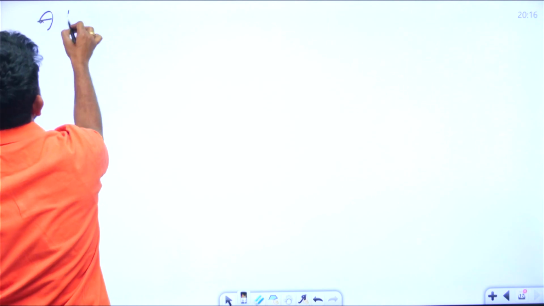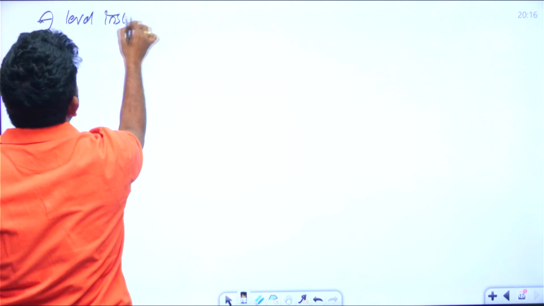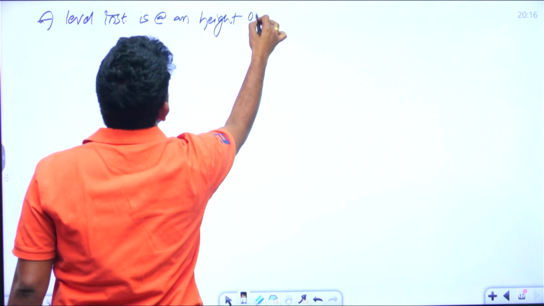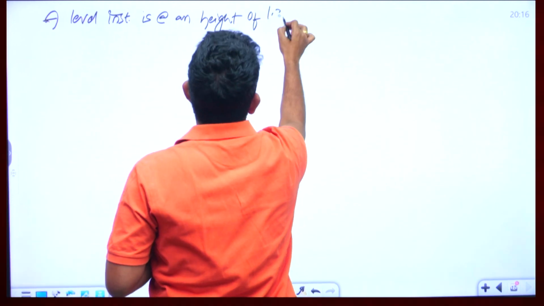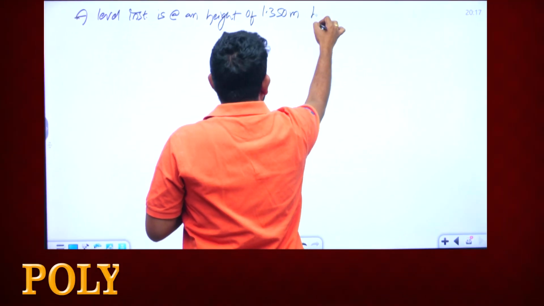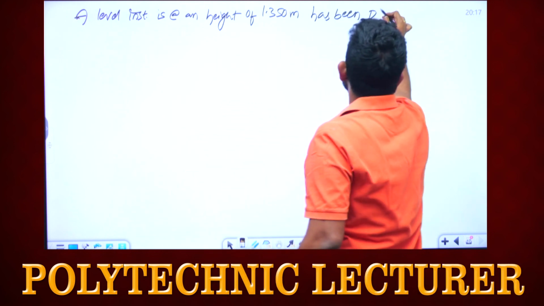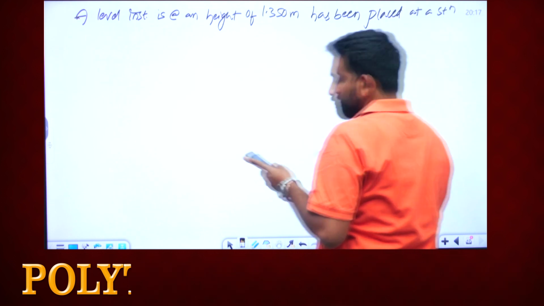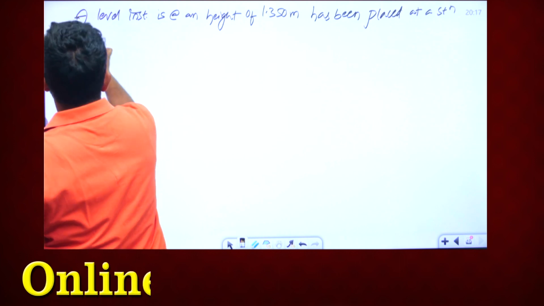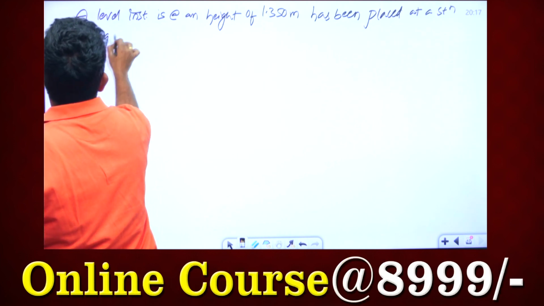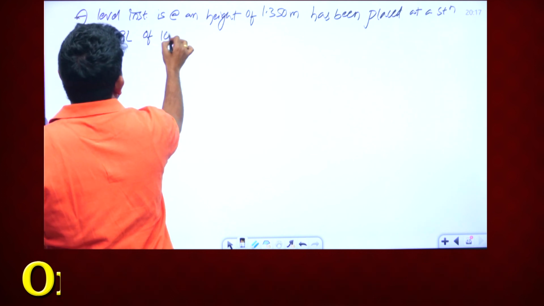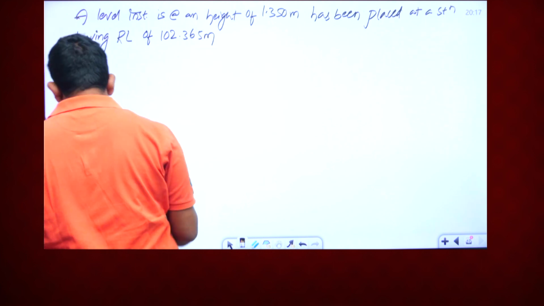A level instrument at a height of 1.350 meters has been placed at a station having a reduced level of 102.365 meters.